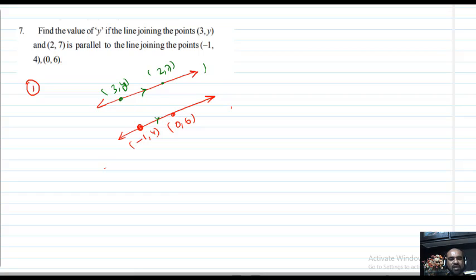Already you know that if two lines are parallel, their slopes are equal. So this is line K, this is line L. Given K is parallel to L. What is the meaning of that? Slope of K equals slope of L. How to find the slope of K?